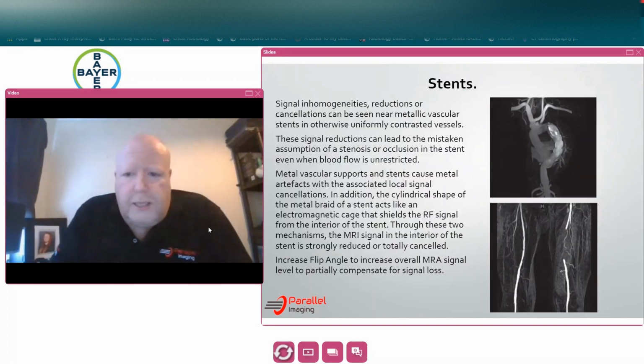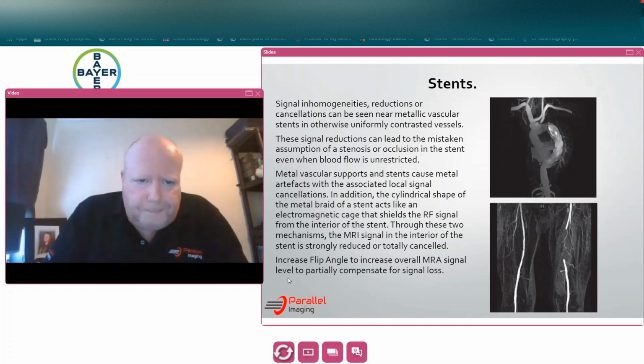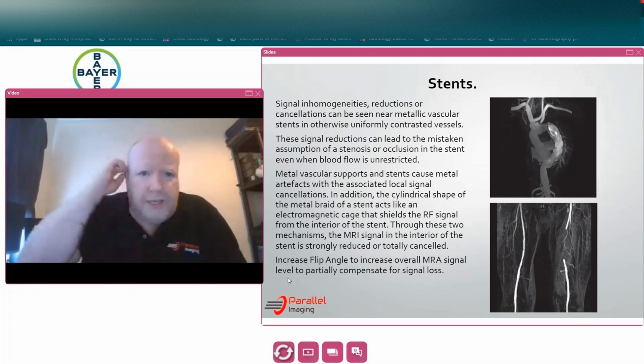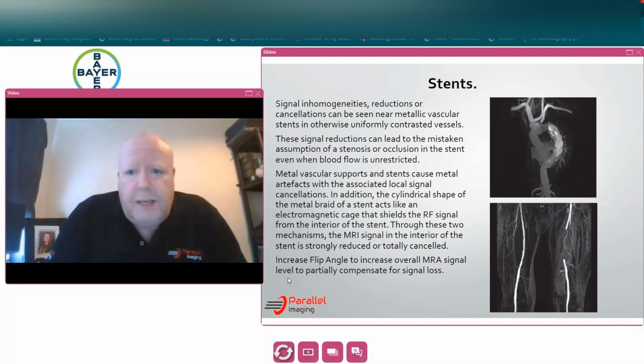Now stents, again, there's nothing much you can do about this. But basically, it's signal inhomogeneity, or if you wish, it's some kind of susceptibility artifact, because some of these stents will have metallic components to them, which helps with the actual strength of the stent.